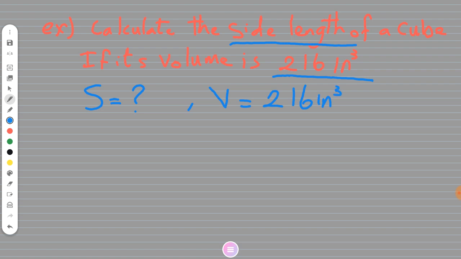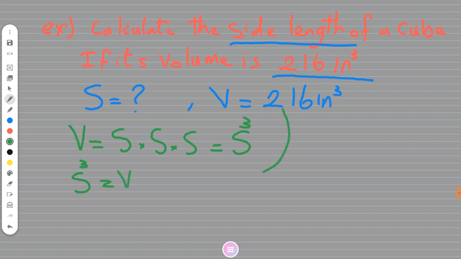What is the rule for the volume of the cube? The volume of the cube equals side times side times side, which is side to the power 3. So side length to the power 3 equals volume.